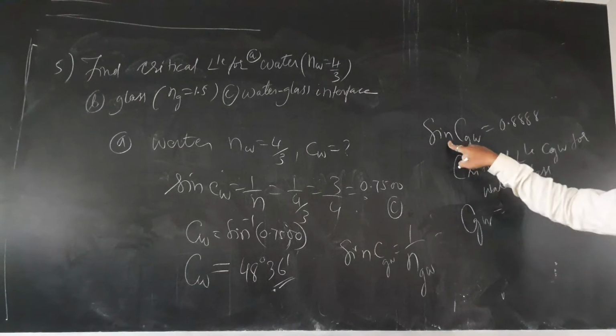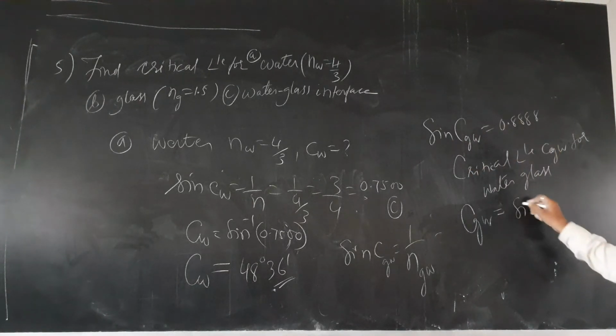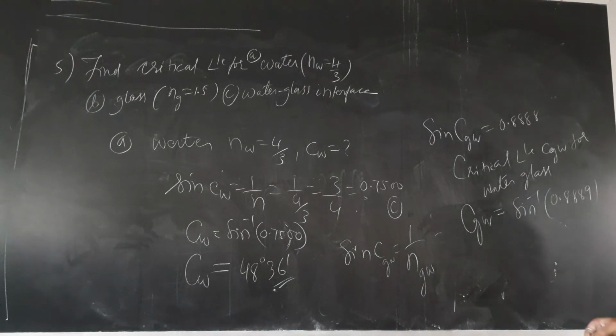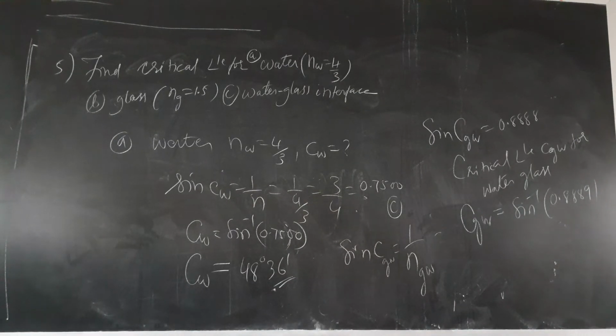C_GW is equal to sine inverse of 0.8888, or the last term we can take as 9, 0.8889.